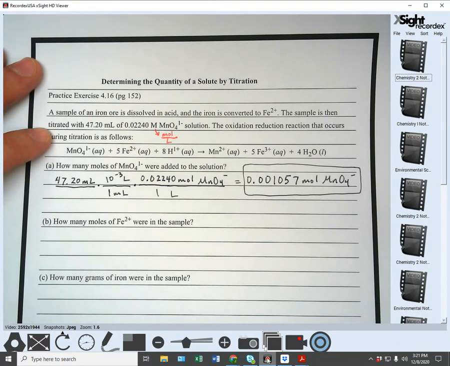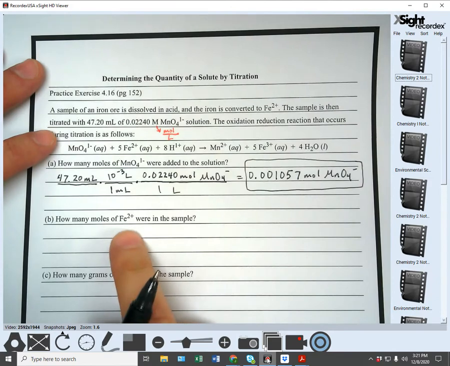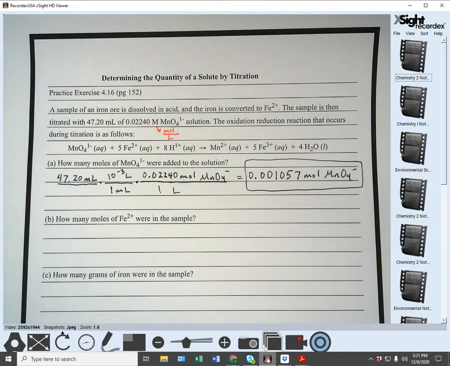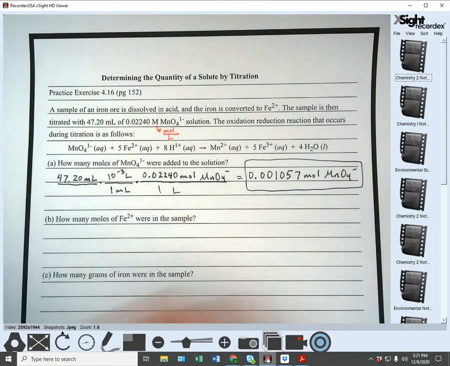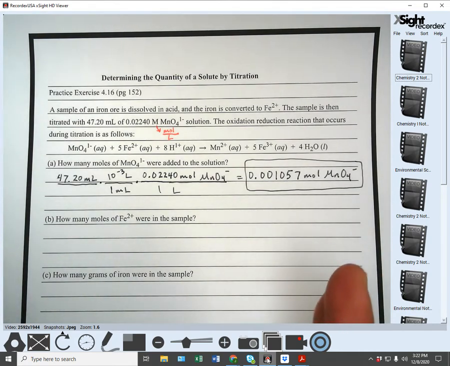All right. Part B, how many moles of Fe2 plus were in the sample? So what's happening here is, remember, the titration is where we're finding that equivalency point, right?